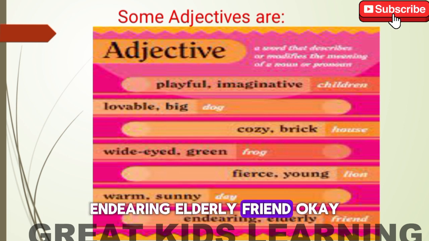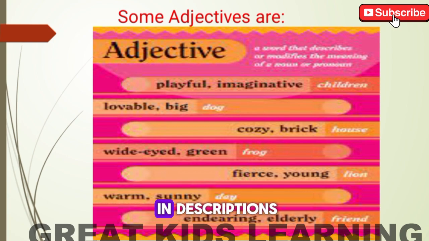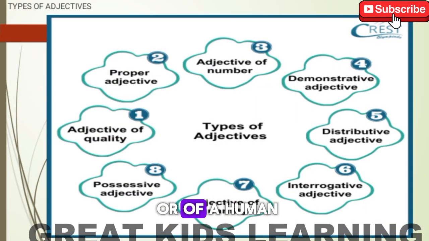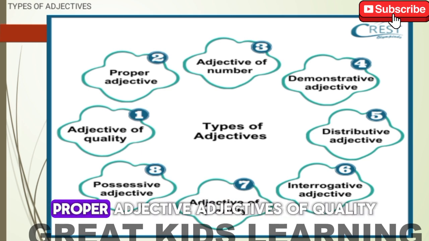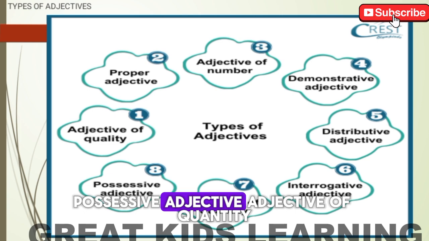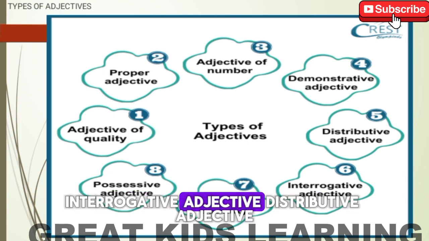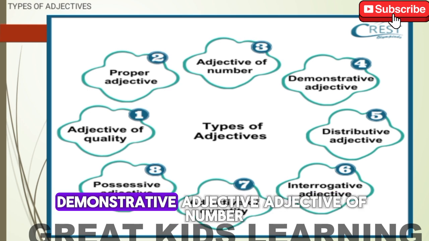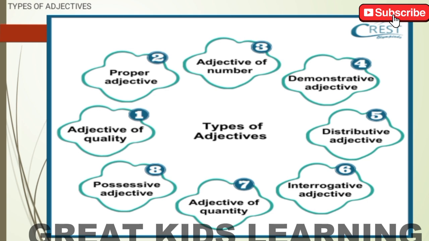Endearing elderly friend, okay? Adjectives are used majorly in description, either of an object or of a human, and we have different types. Proper adjective, adjectives of quality, possessive adjective, adjective of quantity, interrogative adjective, distributive adjective, demonstrative adjective, adjective of number.